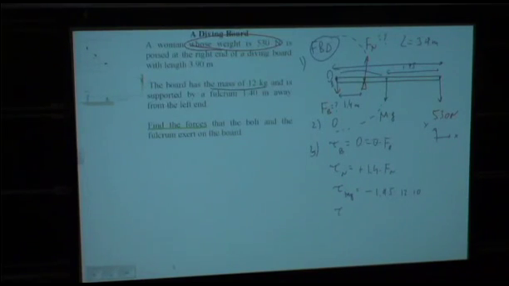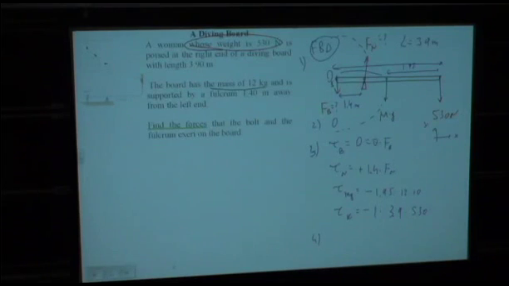And finally, the torque due to the lady, her weight, again has to be negative, equal to this distance, which is the length of the whole board, times the force, which is a given number, 530 newtons.